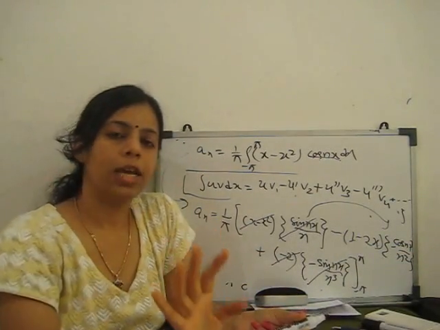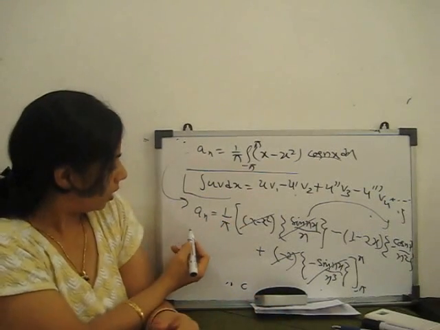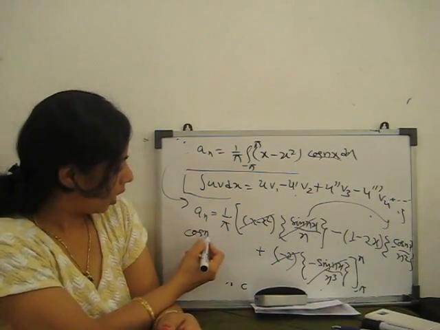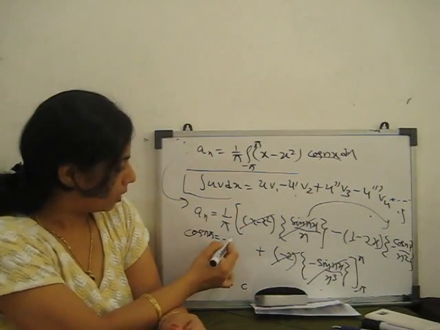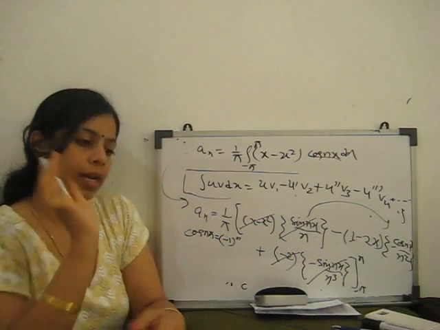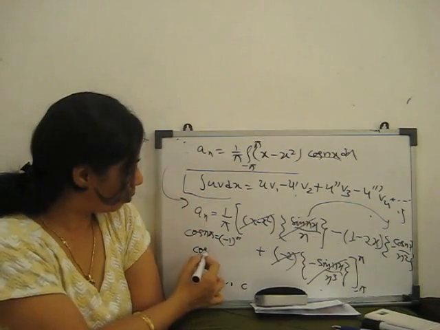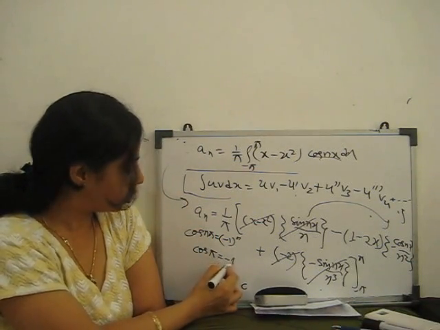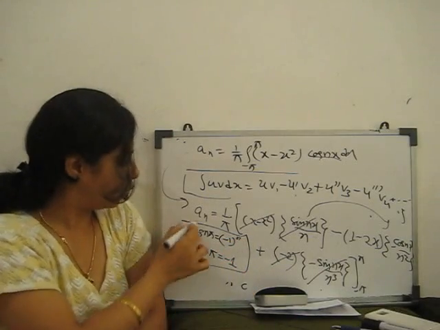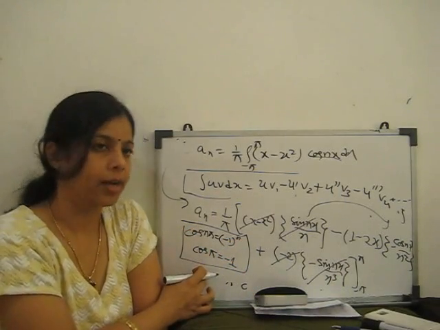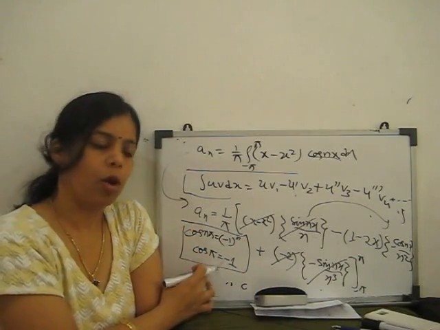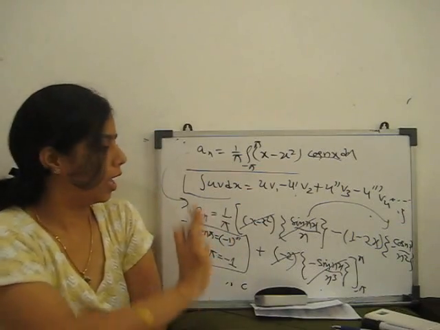We know cos nπ is equal to (-1)ⁿ, and cos π is -1. So using this fact, in place of cos nπ you have to write (-1)ⁿ.